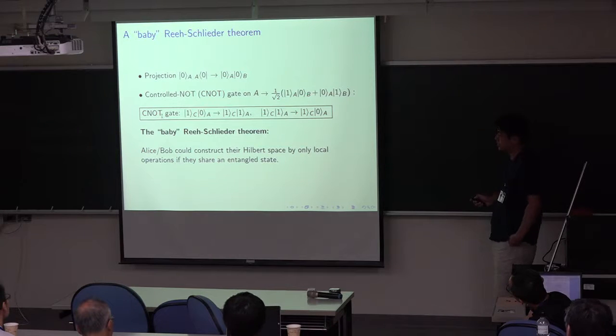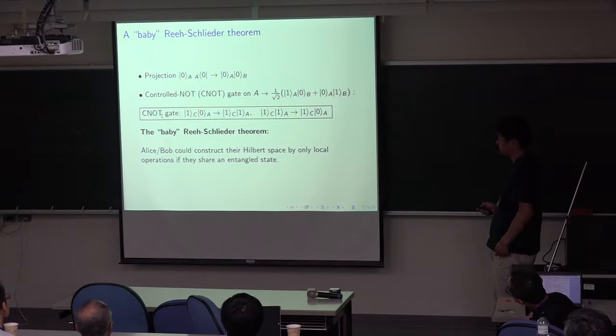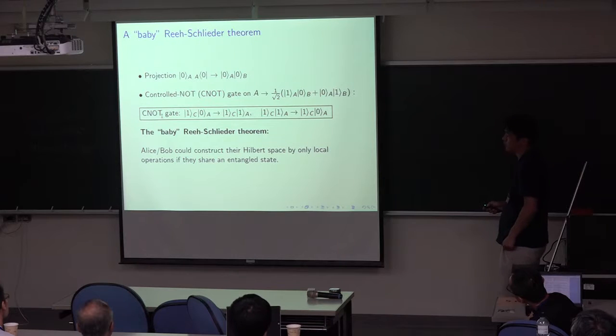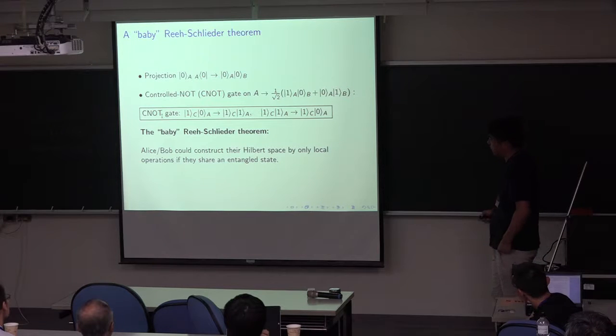Then you can make some projections, and you can get all the pieces of the two quantum systems. This is the definition of steering. This means that with some control qubit, if it is 1, then it flips Alice's qubit from 0 to 1, and also 1 to 0. If it is 0, then it doesn't change the values.